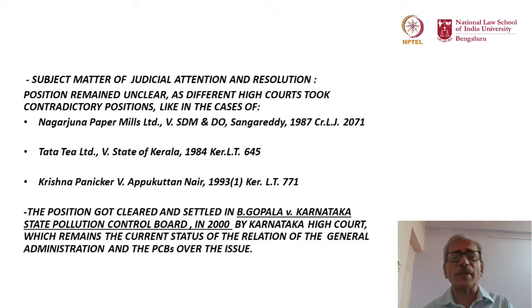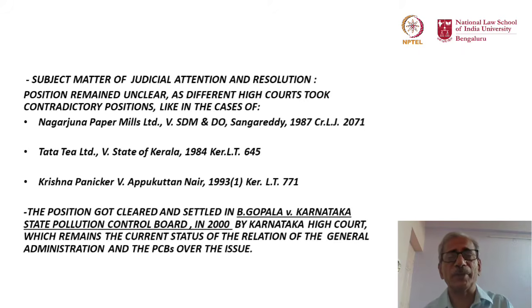The other line of thinking by the other court was simply this, that supposing I have complained to the general administration and somehow or the other the Pollution Control Board does not bother to look into this problem at all, then fine, the general administration can run through the entire thing and then decide, and what it lays down and what it decides will be binding on the offending party.